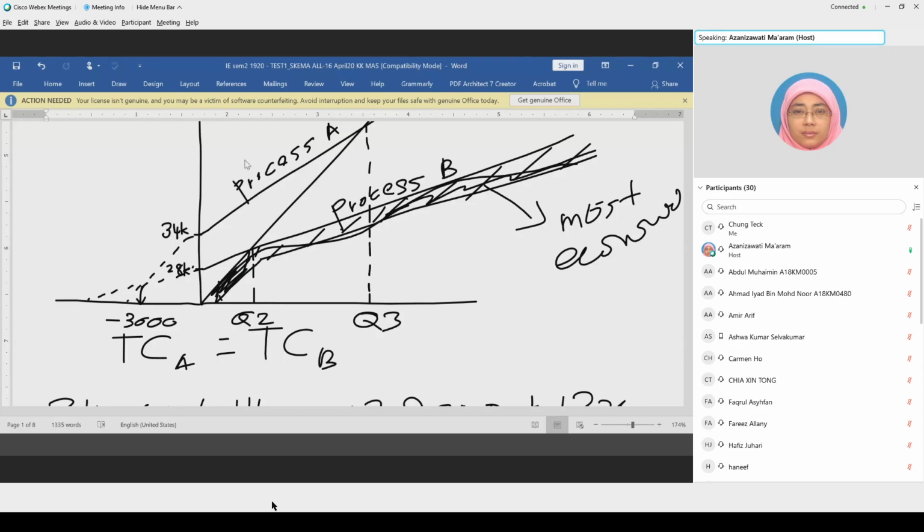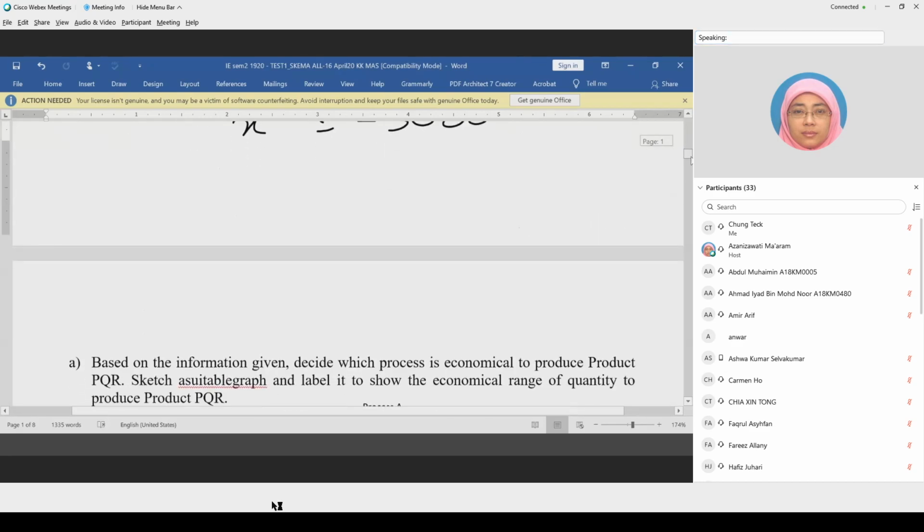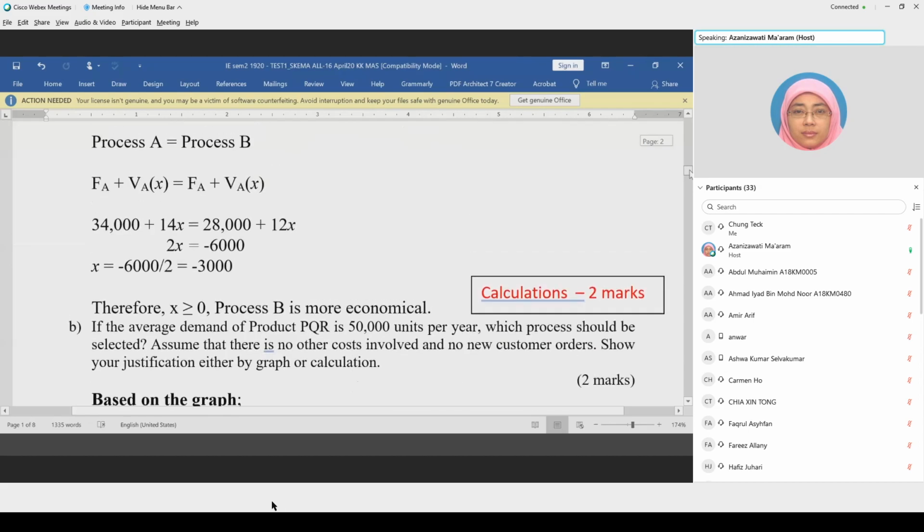So it means the cost for process B, process A is always higher. Okay, so in this case, process B at the lowest points. So therefore, X more than 0, so the process B is more economical. So that is to answer for question 1.